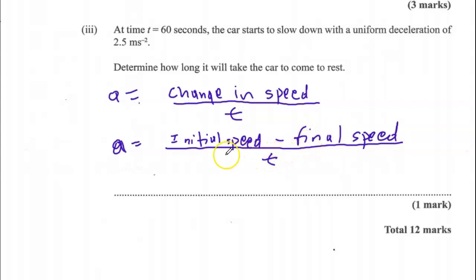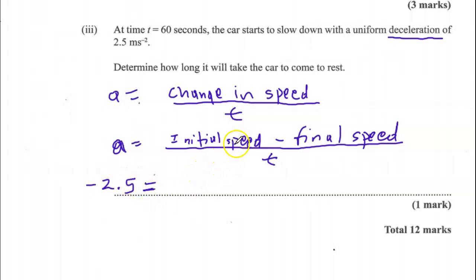Now, the acceleration, we're told the car is decelerating, which simply means that the acceleration is negative. Remember, acceleration is a vector quantity, so direction matters. Because it's slowing down, we use a negative 2.5 to show that the car is actually slowing down, right?